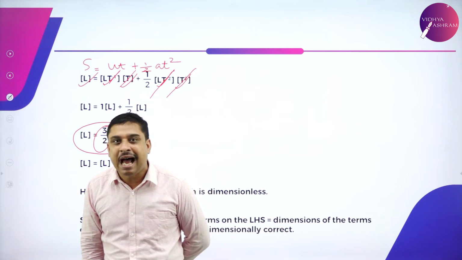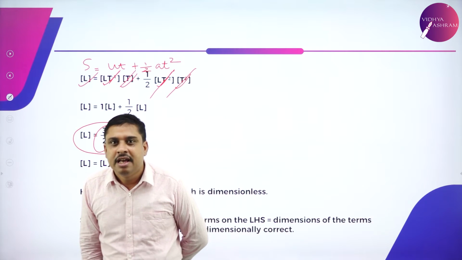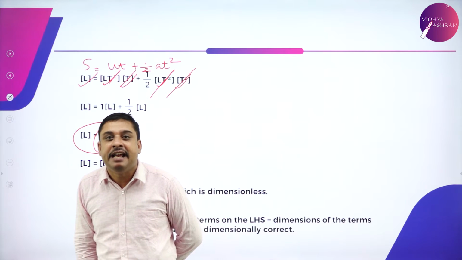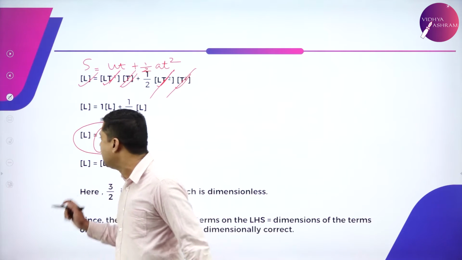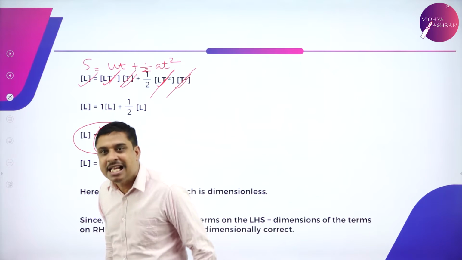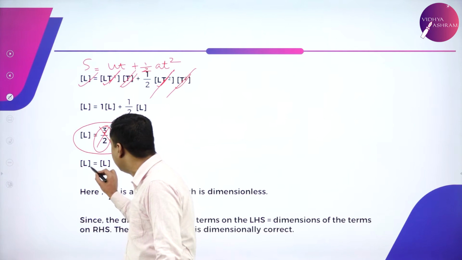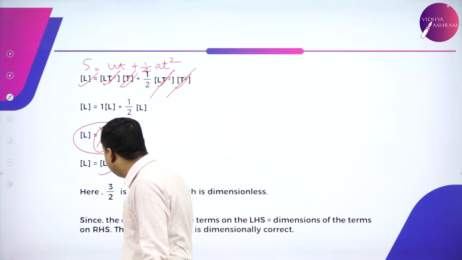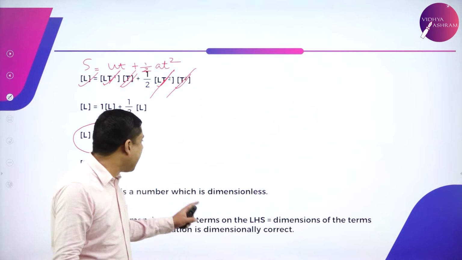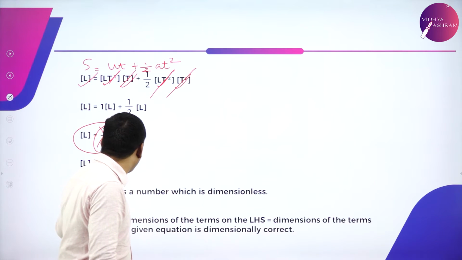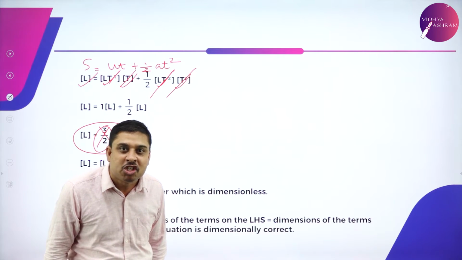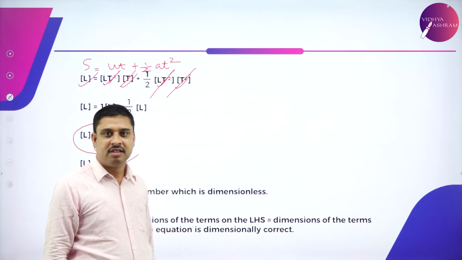My dimensional analysis is not giving me any idea about numbers. So 3 by 2 is a dimensionless quantity. So left hand side L, right hand side L. So very clearly, by the principle of homogeneity, both dimensions are the same.